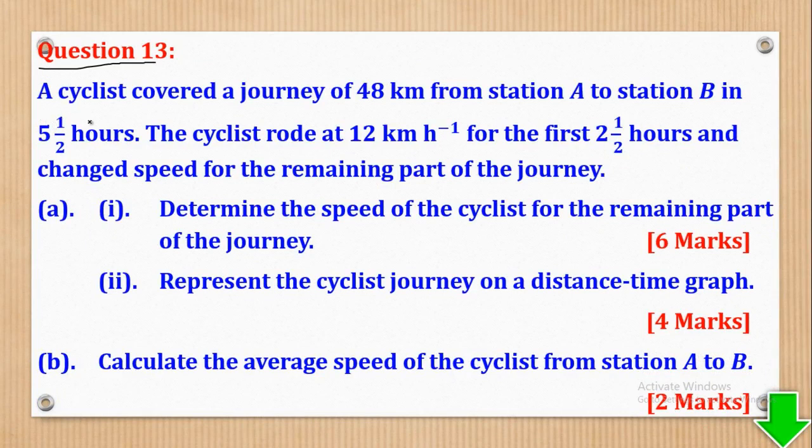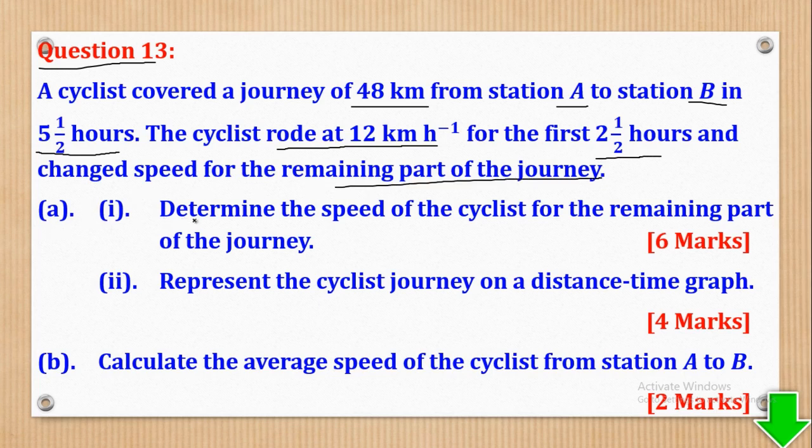Question 13 says, a cyclist covered a journey of 48 kilometers from station A to station B in 5.5 hours. The cyclist rode at 12 kilometers per hour for the first 2.5 hours and changed the speed for the remaining part of the journey.